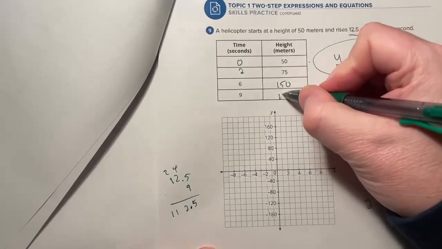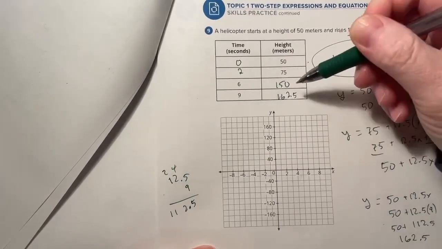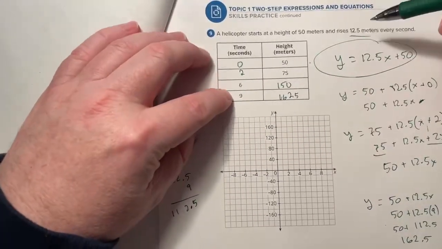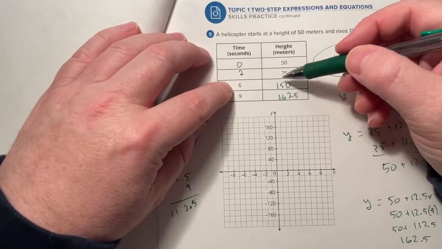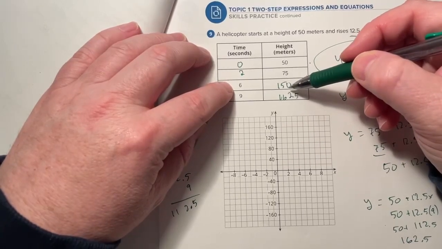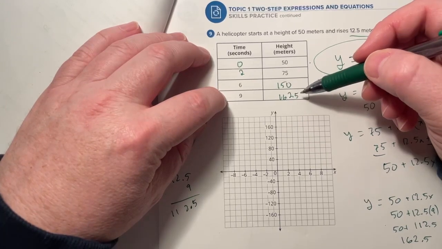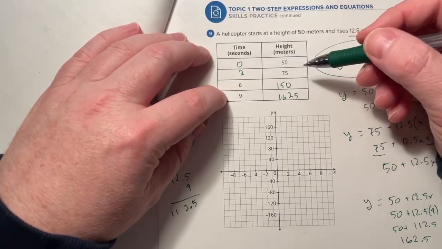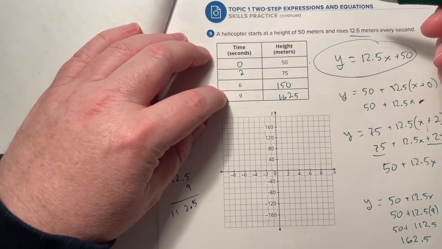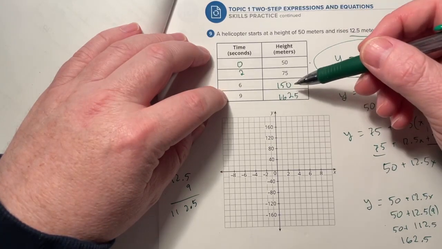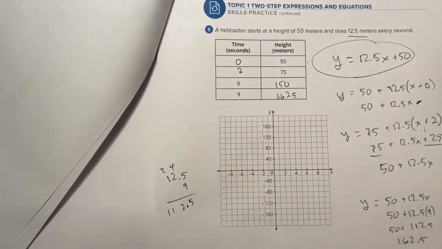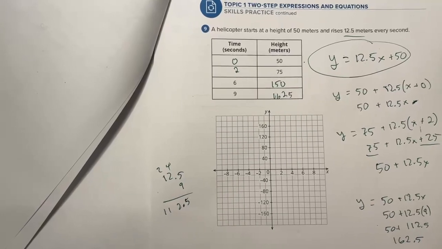So this is 162.5. Now I could have gone up 12 and a half for every second. So 12 and a half would be 162.5. Another second would be 170. And then that doesn't make sense. Okay, I made a mistake here.